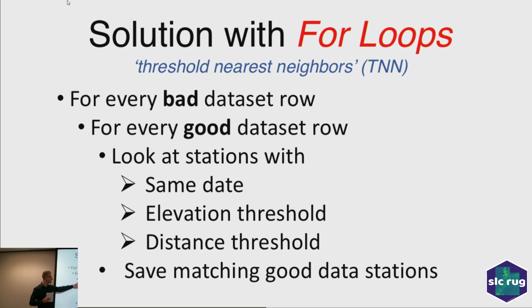We look at the stations around in a good data set that have the same day, within a certain elevation, within the same distance, so that it captures the certain mountain ranges more or less, what they would have done in those 15 days. Here's something that I thought you might be able to do with a for loop. I didn't construct this in R, thankfully, but I was thinking for every bad data set row, you go through every good data set row, and then you go through your threshold. It's pretty straightforward.